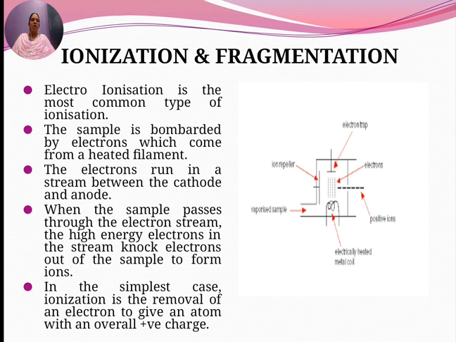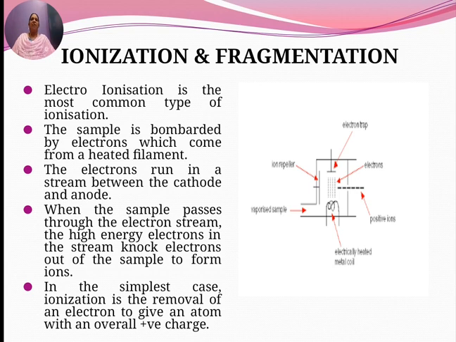The electrons in the outermost orbit of the atom are removed. When they are removed, that atom will become a positive ion. This is also called fragmentation. So ionization and fragmentation are taking place.